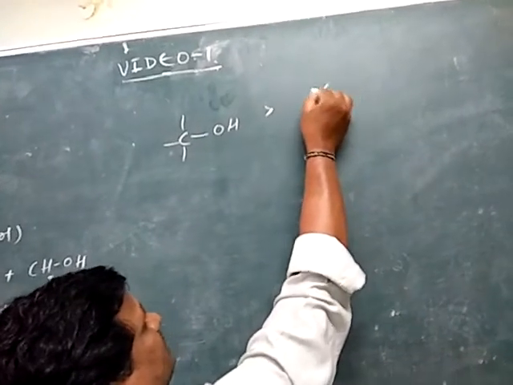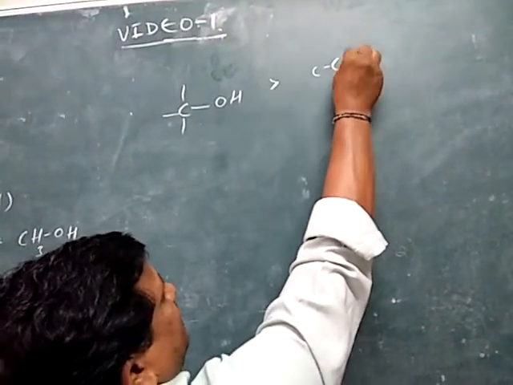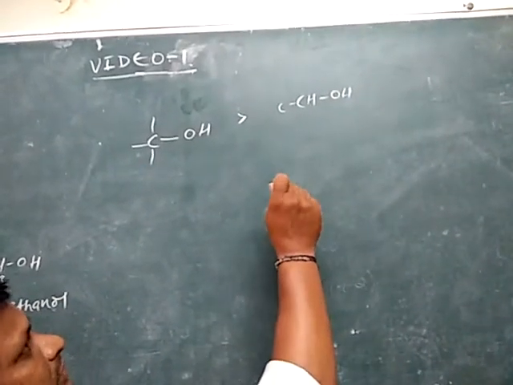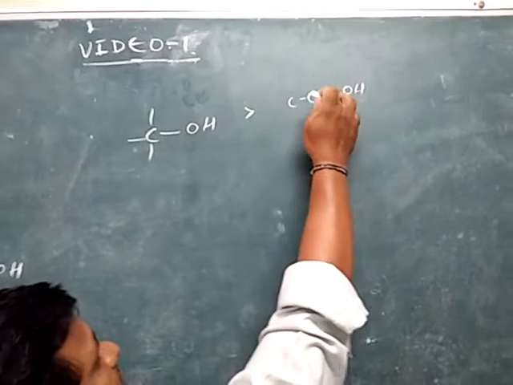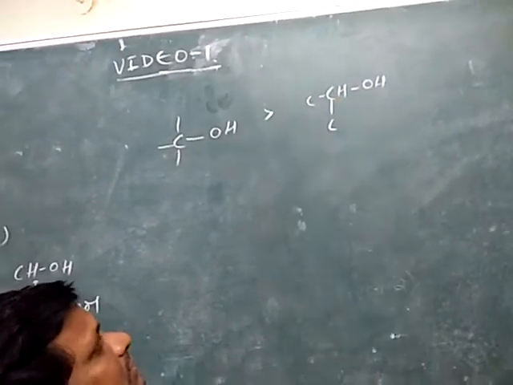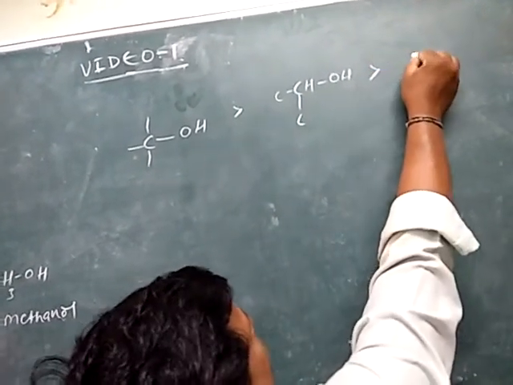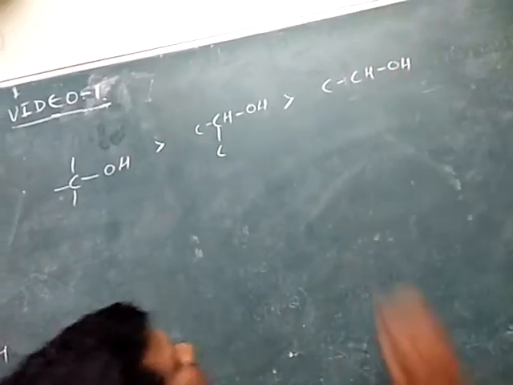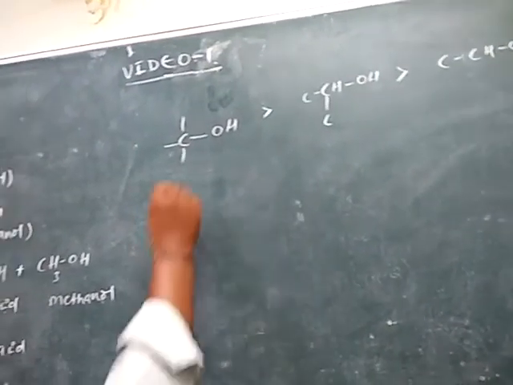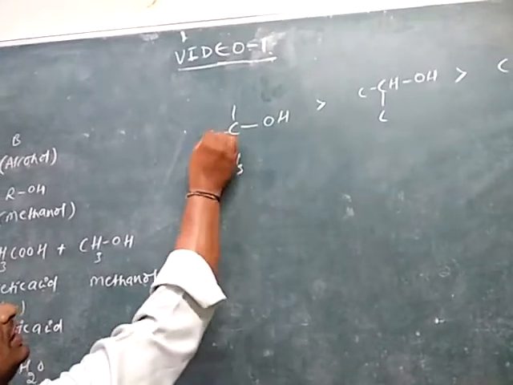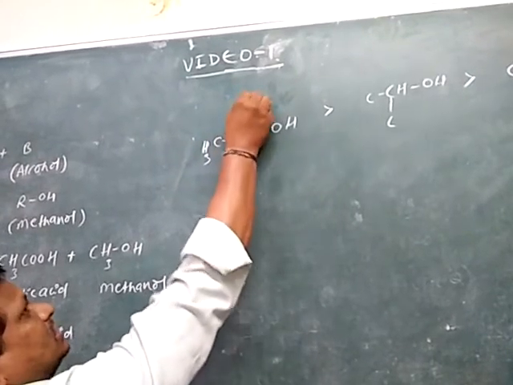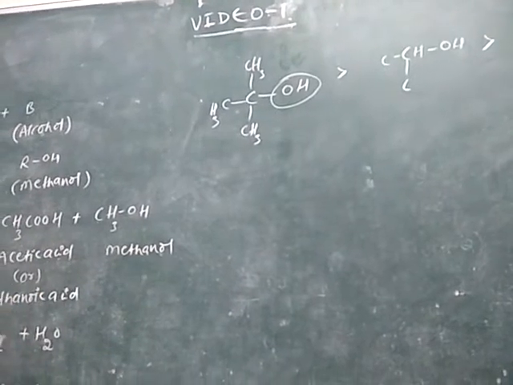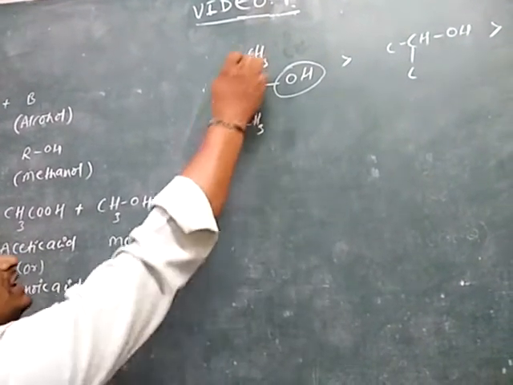Secondary means it is a CH with OH, and it is greater than primary. The tertiary alcohol has CH3, CH3, CH3 on the carbon. So the alcohol functional group OH is attached to the tertiary carbon. So it is primary, secondary, tertiary.